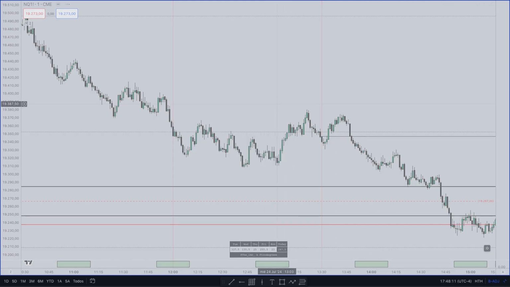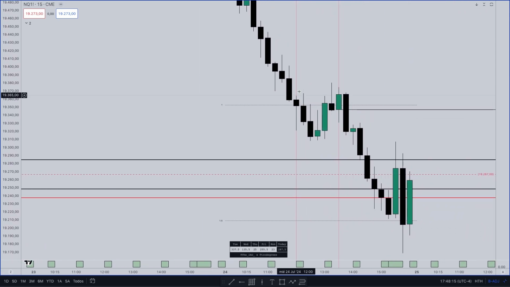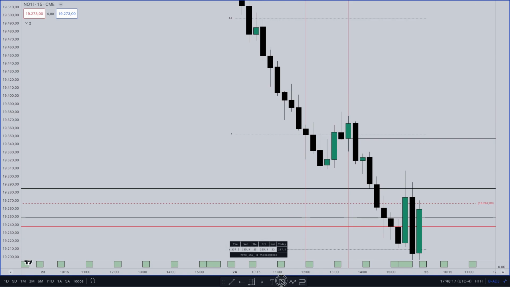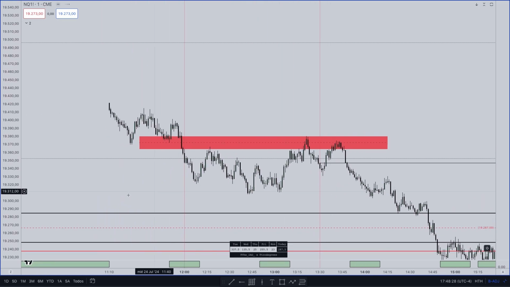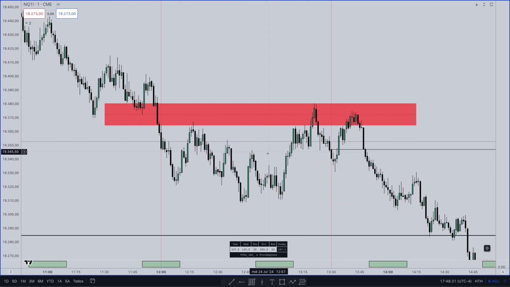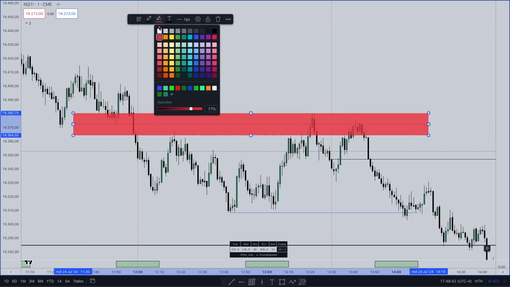So if you move on to the 15 minute chart, you will see that there is an imbalance right here. This is the liquidity resting for the lunch lows here, and you have this 15 minute imbalance right here.